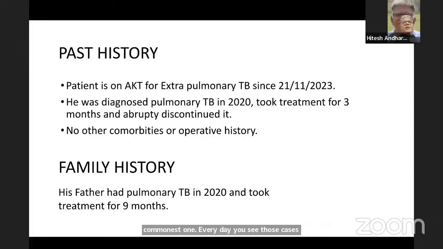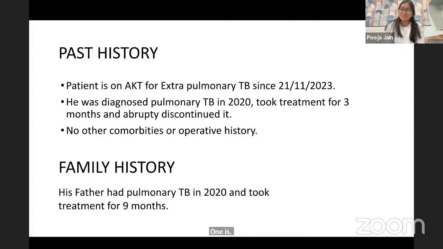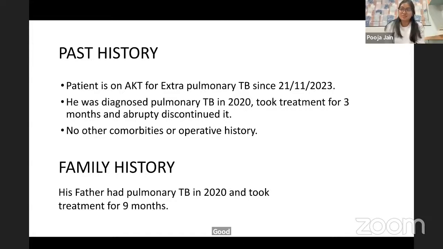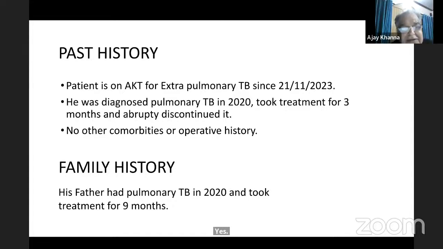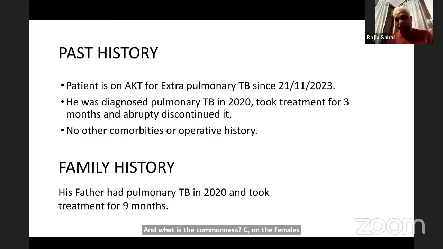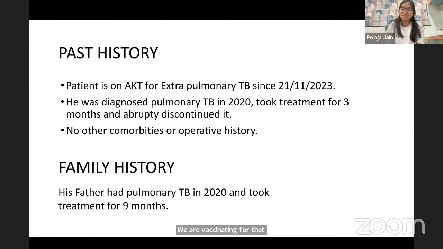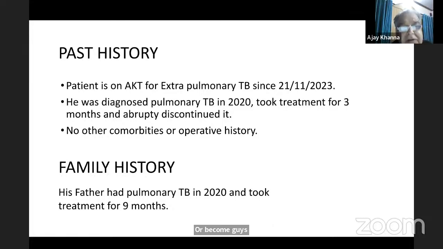Commonest carcinoma in female: breast. Breast is the commonest adenocarcinoma of the female. And what is the commonest carcinoma of the females? We are vaccinating for that. Cervical. Yes, cervical, you're right. So the commonest carcinoma in the female is cervical carcinoma.